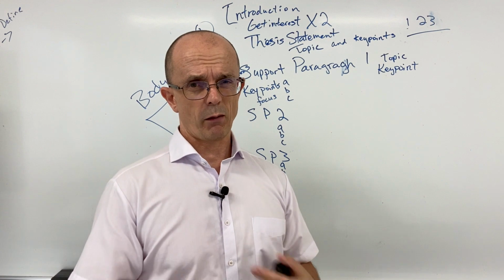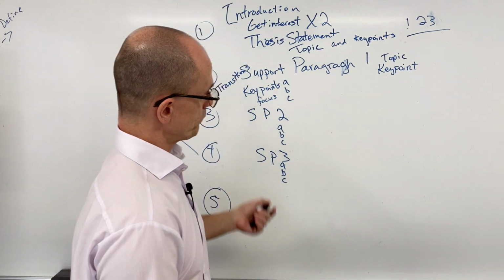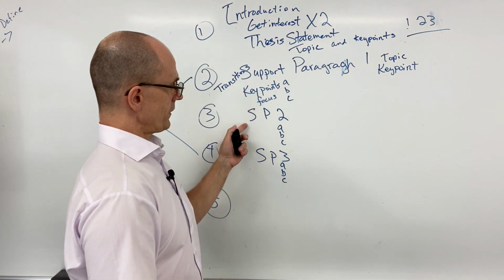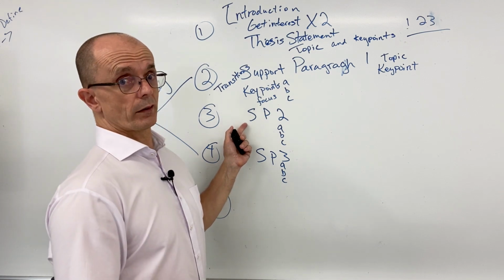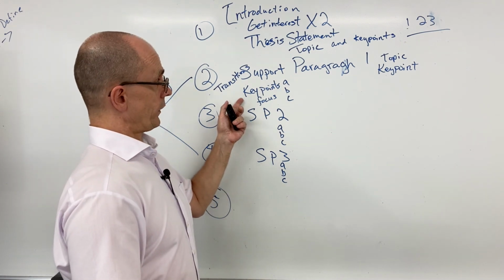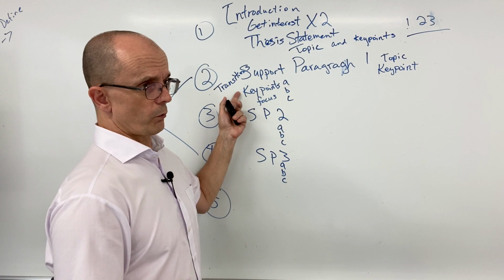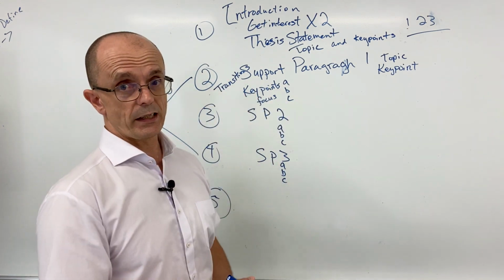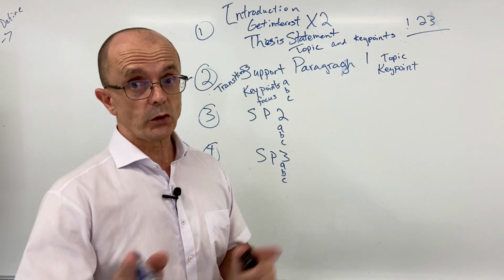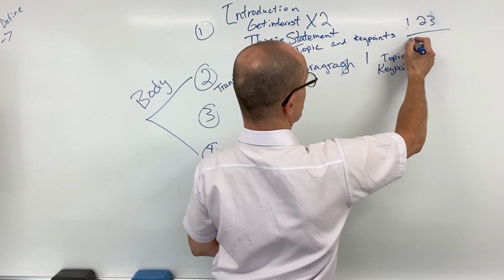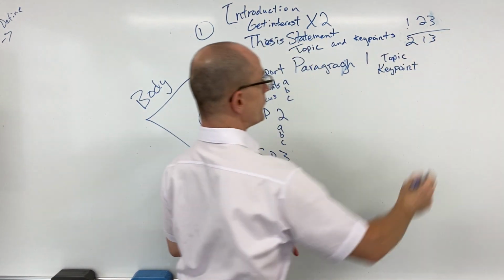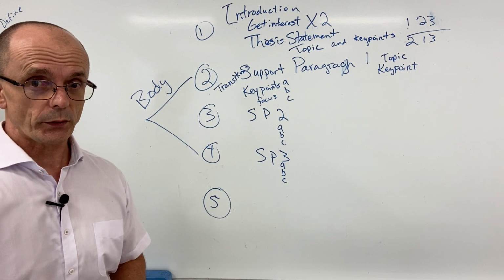Most of our writing is probably going to be order of importance. Maybe you decide, I think this is less important than support 1. So it's very simple, very easy to move it. But if you do that, you have to go back here and then change, right? You want to have key point 2, 1, 3, right?